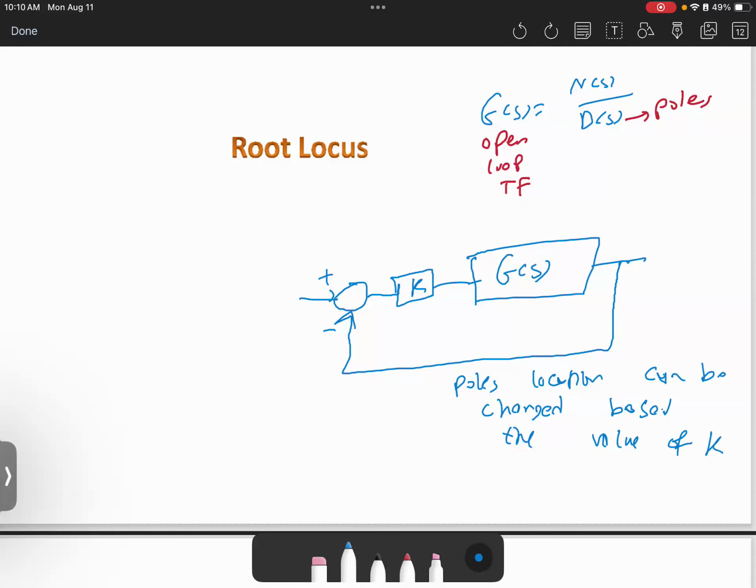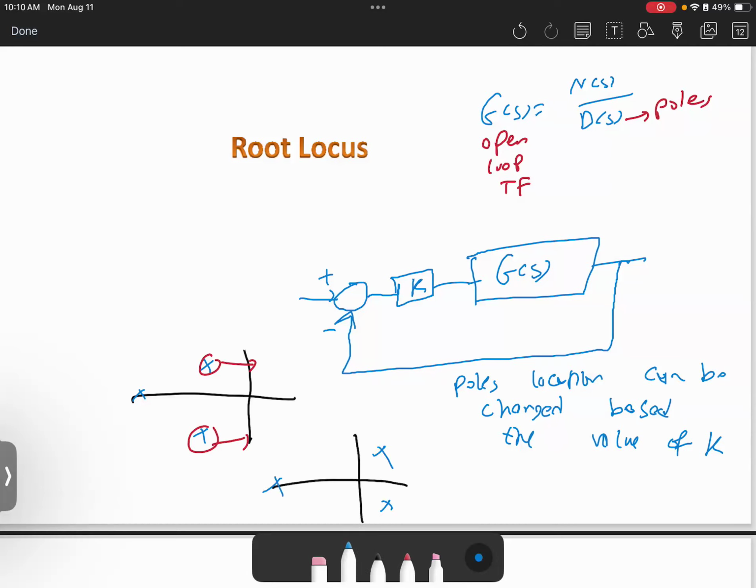And we discussed again in the last two lectures that for this type of system, when we change the value of K, these two poles are moving, and down the road we end up having poles located like this.